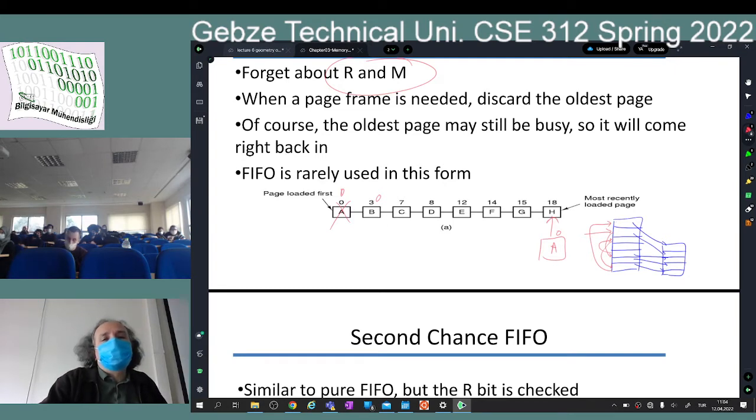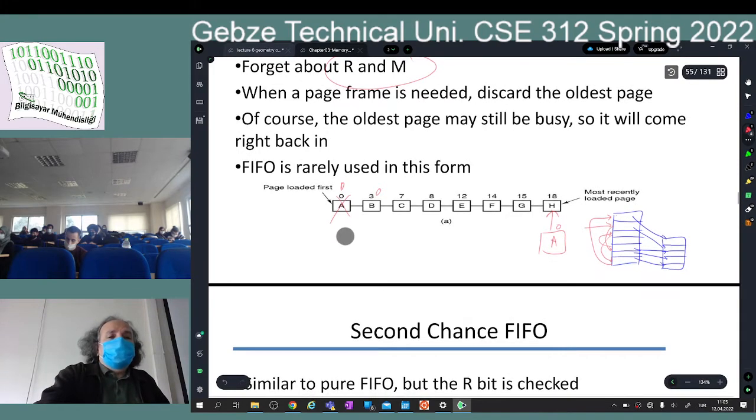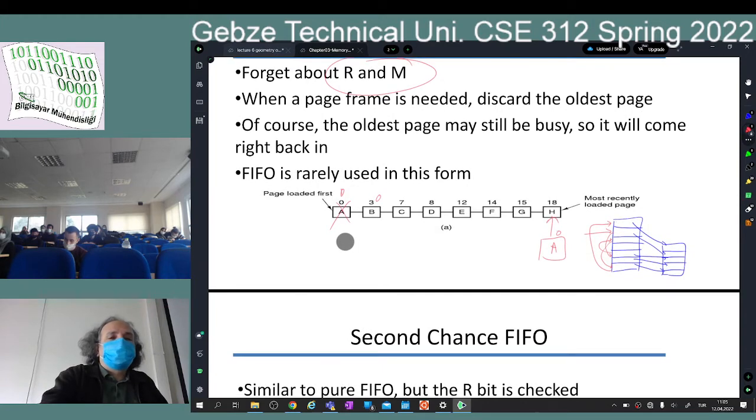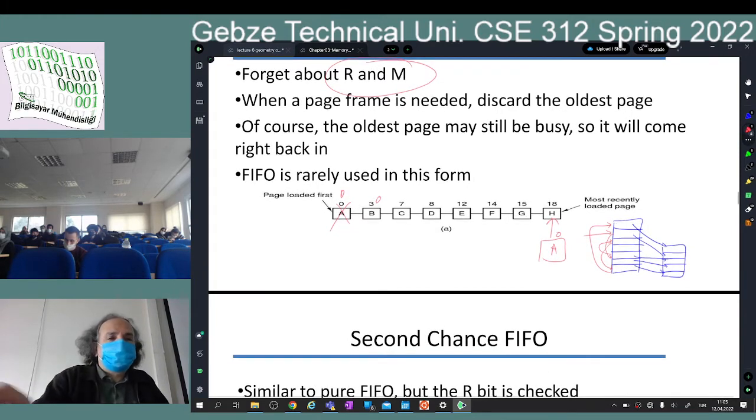So that's not a good idea. The R bit is cleared when the page is at the end and I am just checking, should I replace this? If no, I am not going to replace it because the R bit is 1, and that's it. And this one doesn't look at the M bit at all, the second chance FIFO. The R bit is good enough for me.